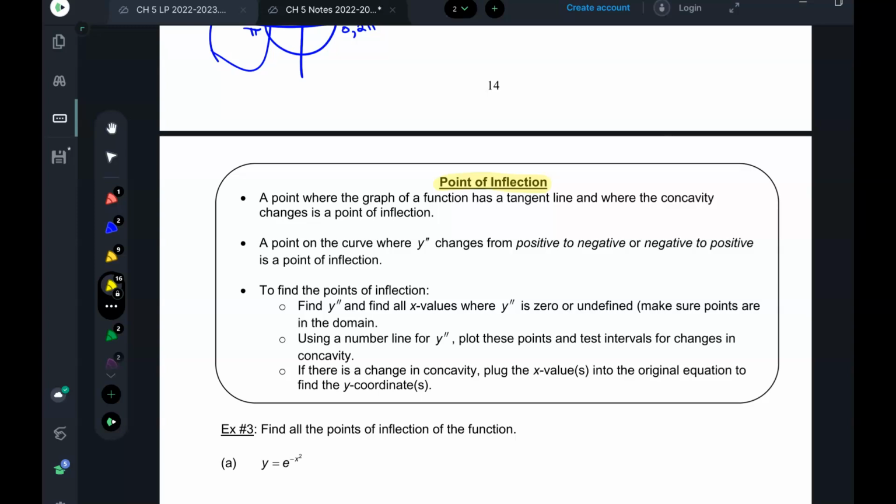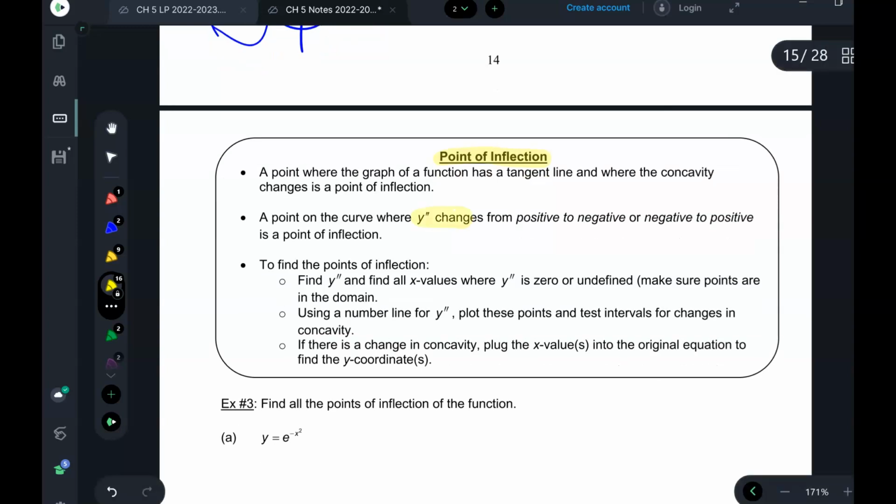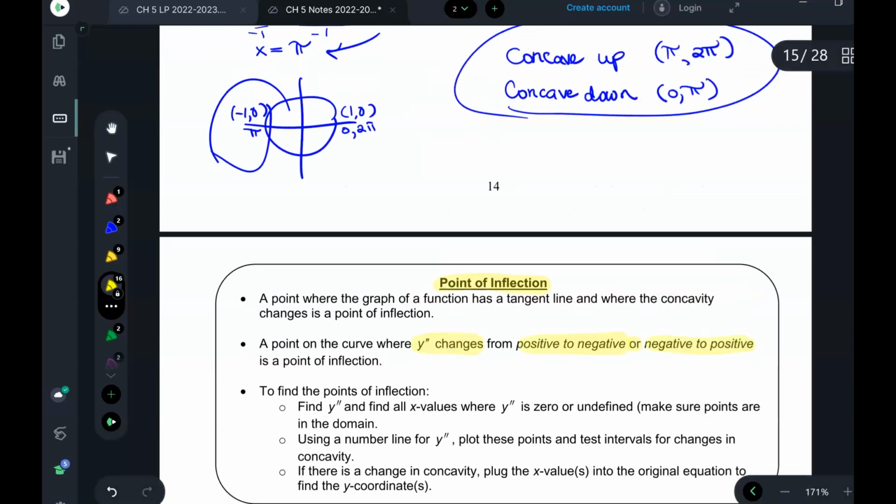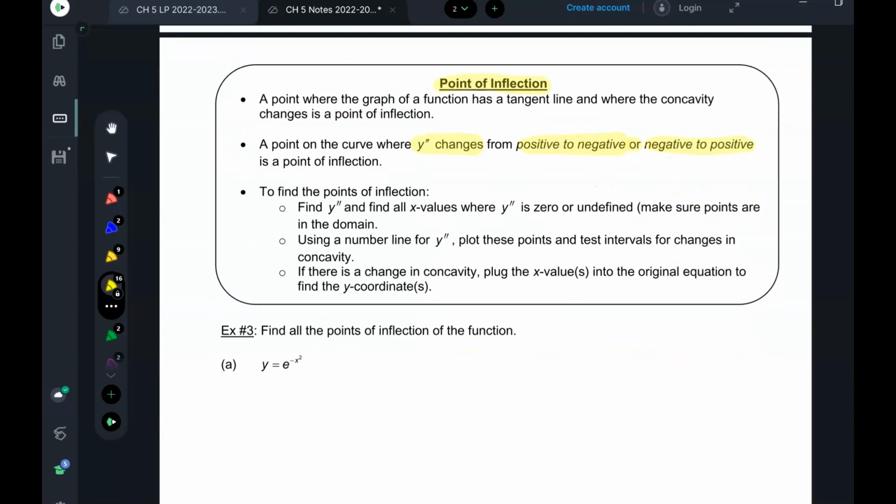So inflection is just where it changes concavity. That's all you need to know. Basically where the second derivative changes from positive to negative or negative to positive. These last two examples were pretty much all the work we needed.